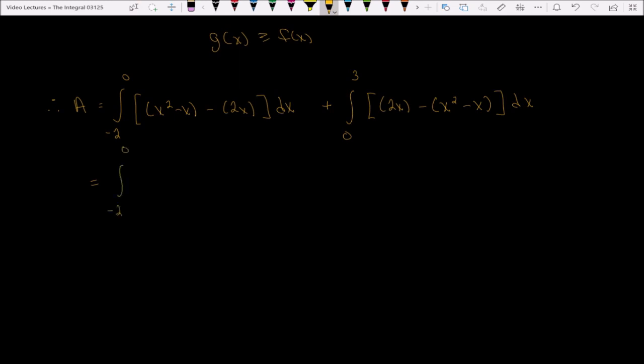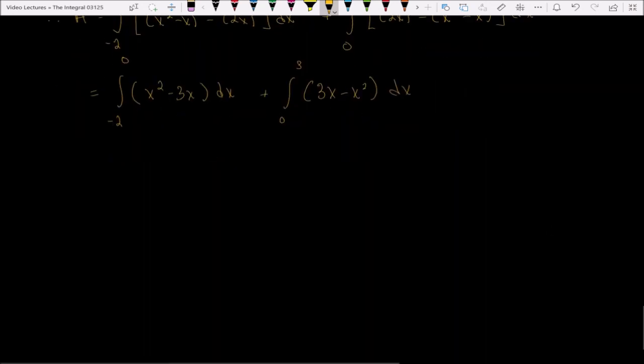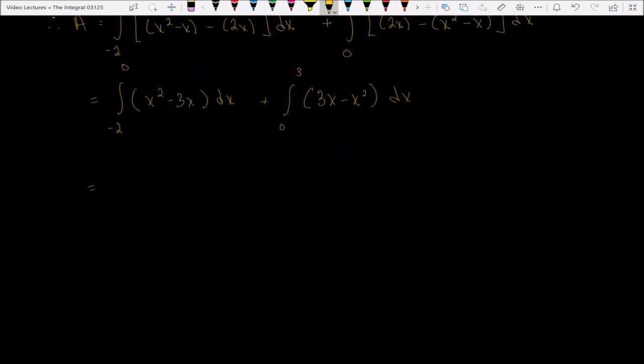First integral will be x squared minus 3x. Second integral will be the exact opposite. So it'll be 3x minus x squared. Again, looking at the first integral, we'll have x to the 2 plus 1 over 2 plus 1 minus 3 times x to the 1 plus 1 over 1 plus 1. That will be evaluated from negative 2 to 0.